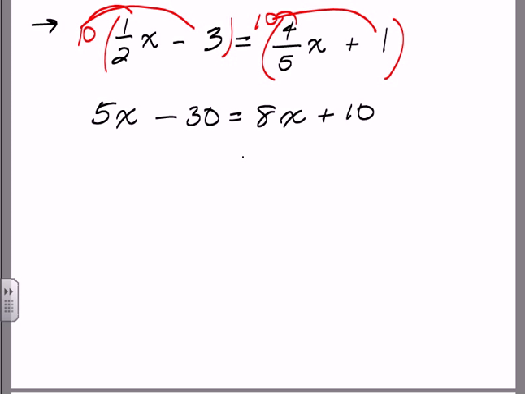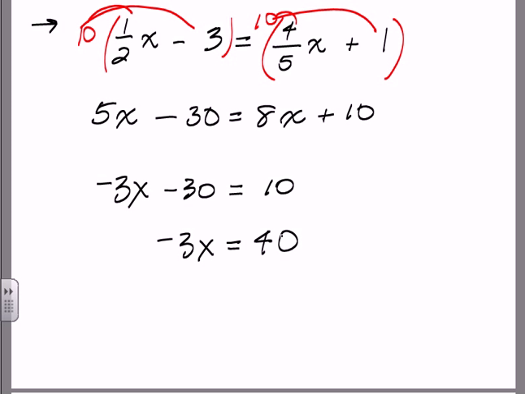I'm going to get all of my variables on, let's say, the left. So I want to subtract 8x from both sides. The result of that will be a negative 3x minus 30 equals 10. And I want to add 30 to both sides. The result of that will be negative 3x equals 40.